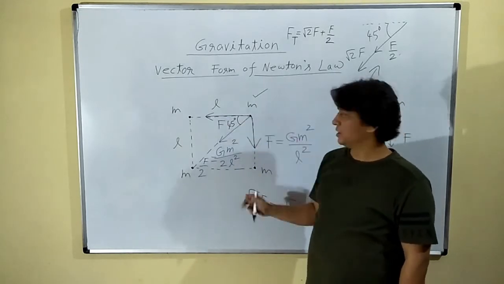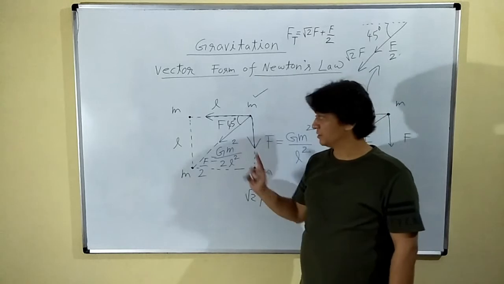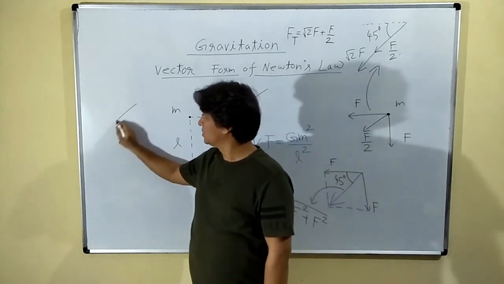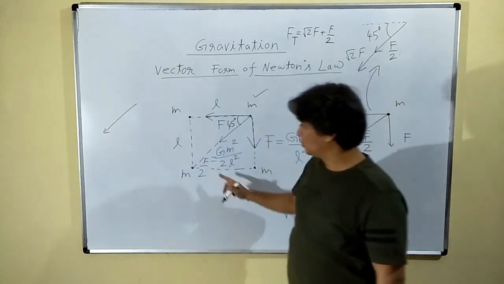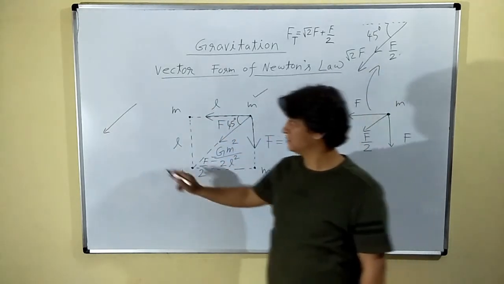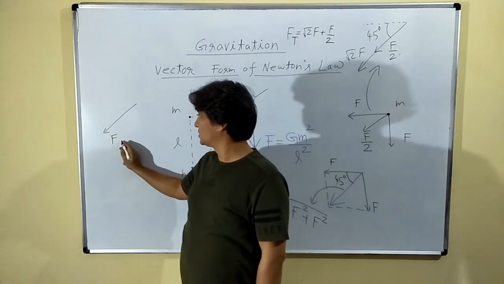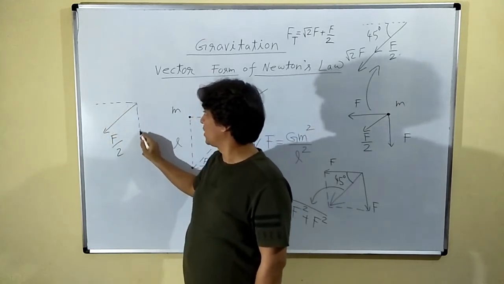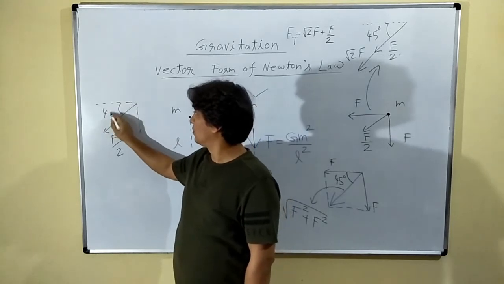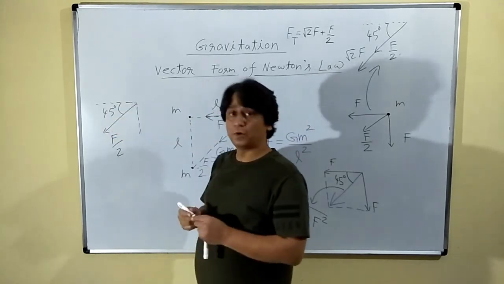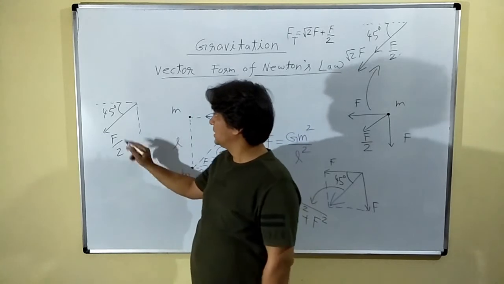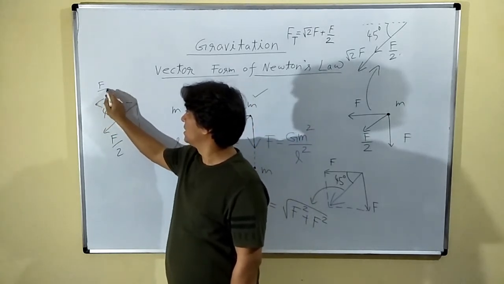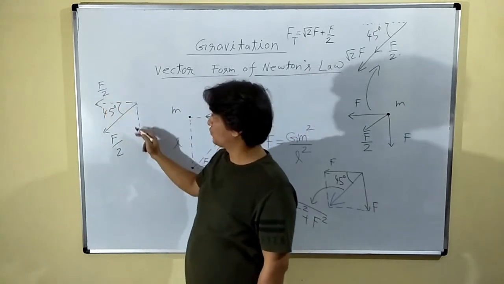Let's leave those and talk about the third. This third force, which is F by 2, makes an angle of 45 degrees from this side, and therefore its component in this direction will be F by 2 cos 45.